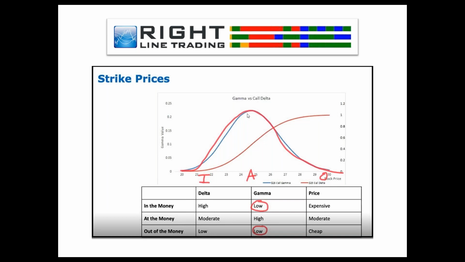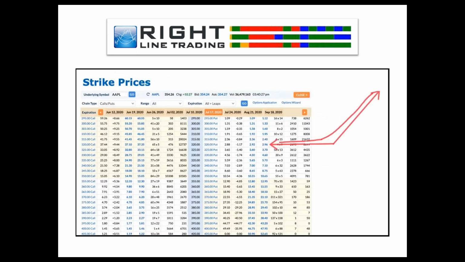And that curve tells us that the delta of the option is also going to move up like this. So as the stock moves in our direction, the amount of money we make per incremental change in stock is really going to go up nicely. And what we're going to get is this hockey stick formation on the price of the stock.